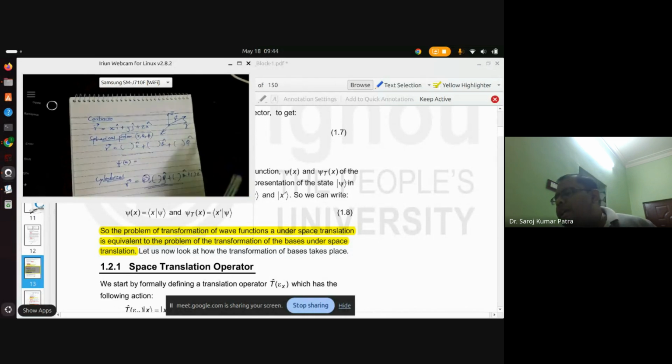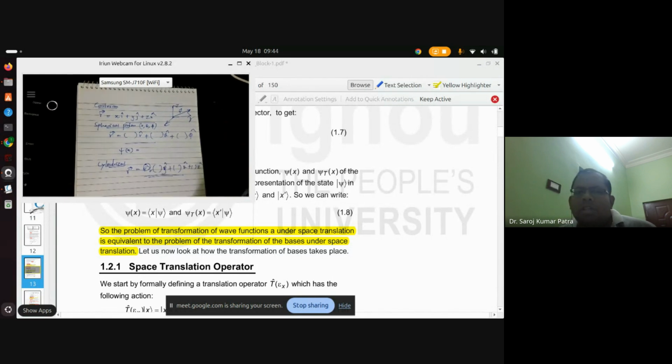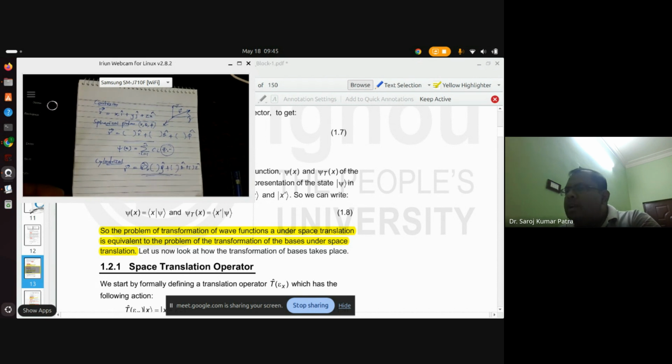Similarly, if we take this concept to more than 3 dimensions, a wave function psi can be expressed in terms of phi_i, with i running from 1 to n, where these phi_i are the basis vectors in n-dimensional Hilbert space, which is called the Hilbert space.